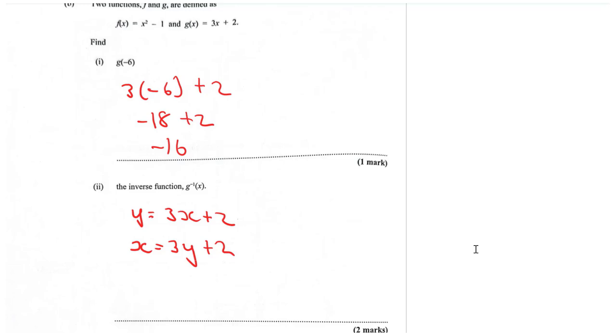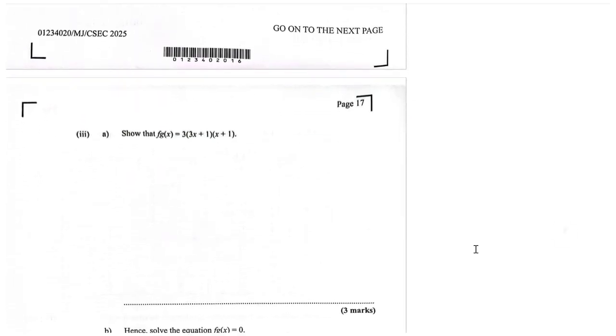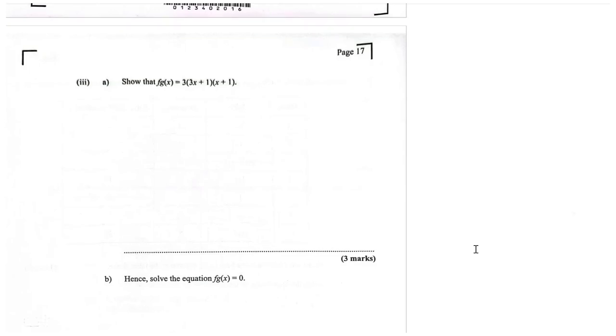So if I subtract 2 from both sides, I'm going to get x minus 2 is equal to 3y. Then divide both sides by 3. I get x minus 2 divided by 3 is equal to y. Therefore, g inverse of x is equal to x minus 2 over 3.